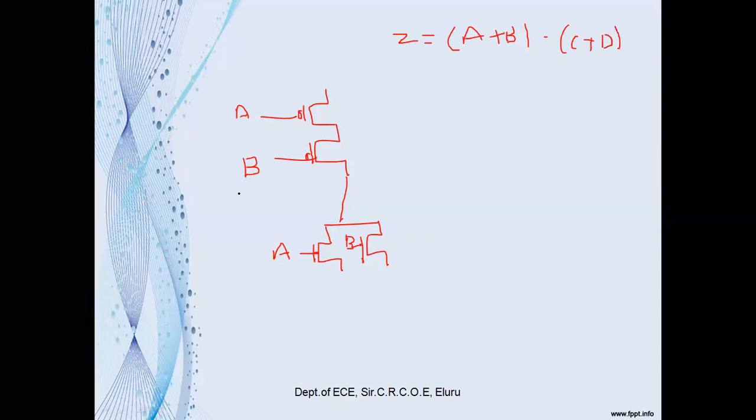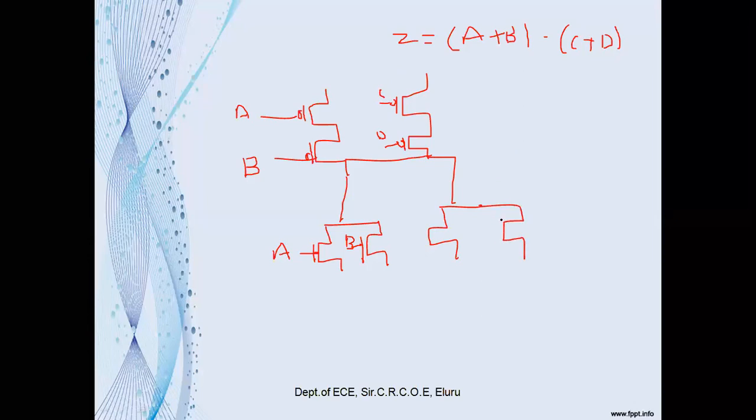Now you will have the same structure here. What is the structure? The PMOS transistors are in series, and the NMOS networks are connected in parallel here.